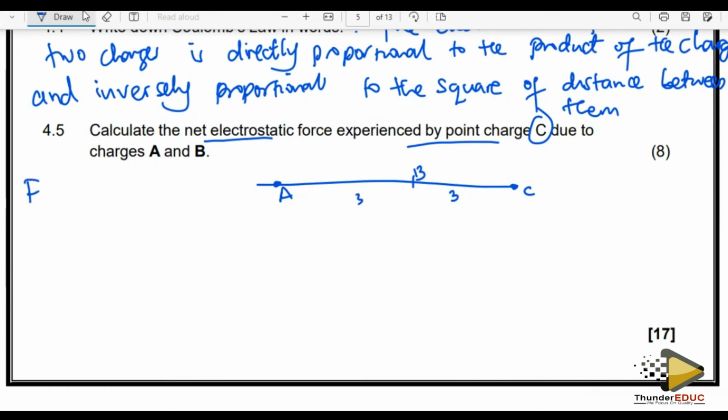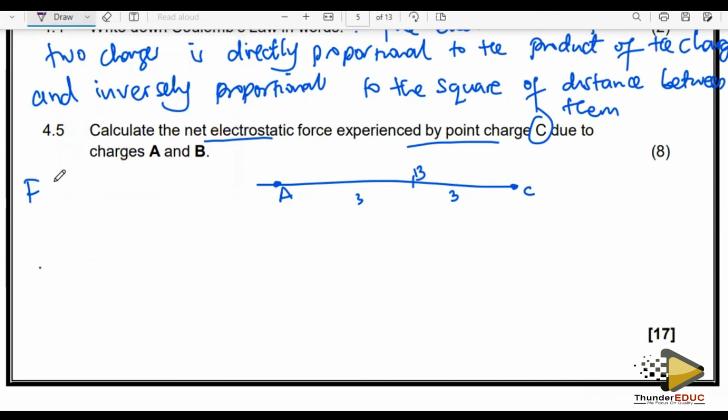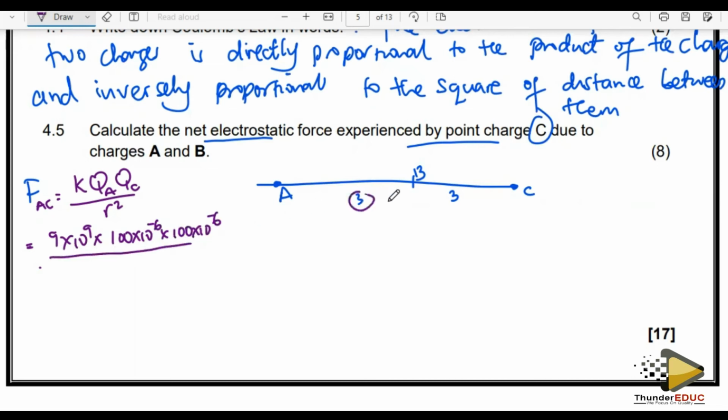So I need to calculate the force in A and C, just for convenience: kQ1Q2 over r squared. So 9 times 10 to the 9, that is 100 times 10 to the negative 6, 100 times 10 to the negative 6. Distance of separation is 3 and 3, it's 6. So that's going to be 0.06.